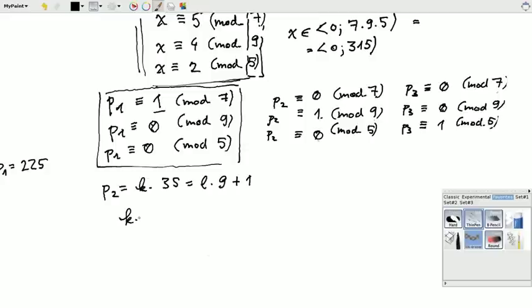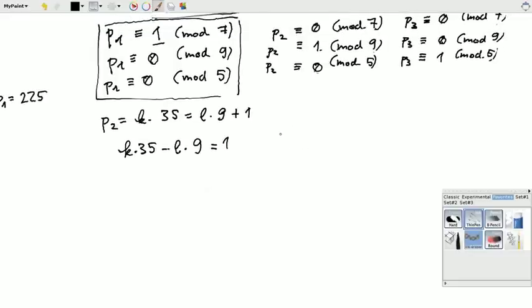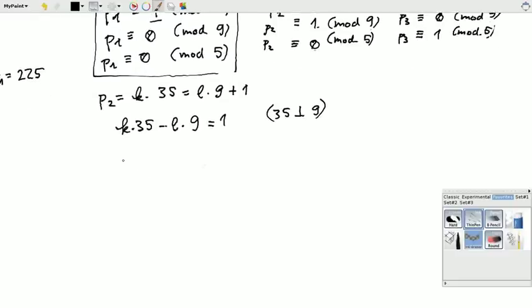So k times 35 minus L times 9 is equal to 1. Once again, 35 and 9 are coprime. Okay, let's run the extended Euclidean algorithm.